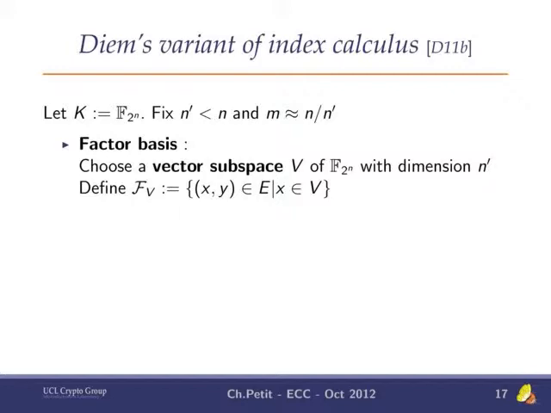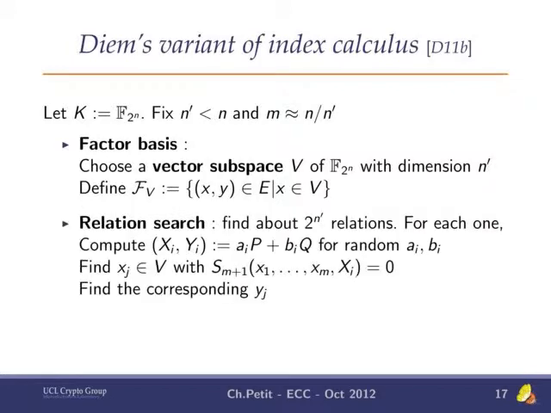You define the vector subspace V of dimension n', and you define the factor basis like before, as the points on the curve such that the x-coordinate belongs to this subspace V. So now the relation search amounts to, like before, computing those random points and solving those polynomials such that the x_i belong to the subspace V. And then linear algebra and so on.